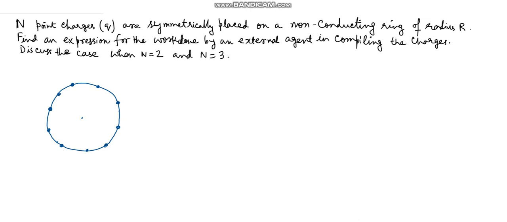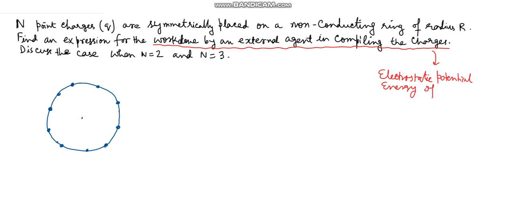I hope you might be knowing that the work done by the external agent in compiling the charges is nothing but the electrostatic potential energy of the system, the electrostatic potential energy of the configuration of charge or the arrangement of charge.